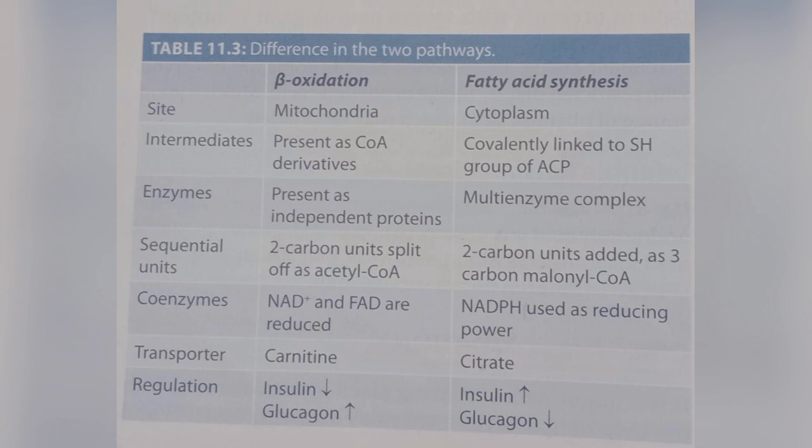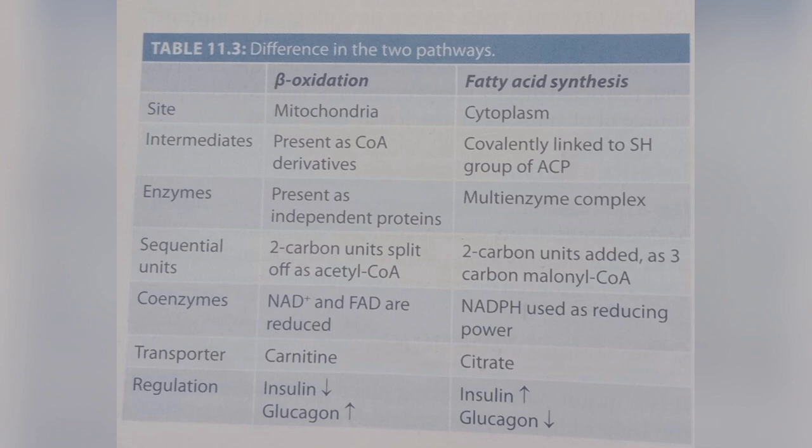These are some of the differences between beta oxidation and fatty acid synthesis. The site of action for beta oxidation is mitochondria, whereas for fatty acid synthesis is cytoplasm. Intermediates are present as coenzyme A derivatives, and covalently linked to SH group of ACP. Enzymes are present as independent proteins. In fatty acid synthesis, we have seen the multi-enzyme complex.